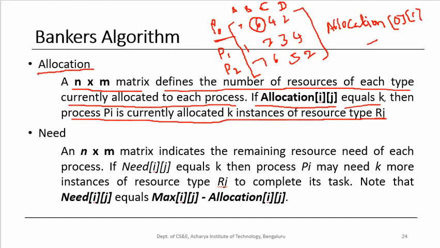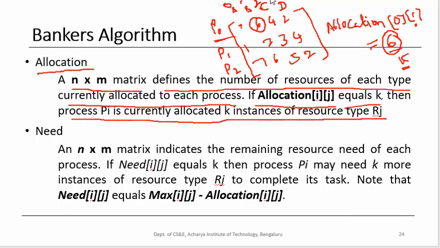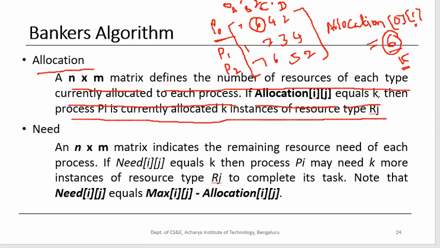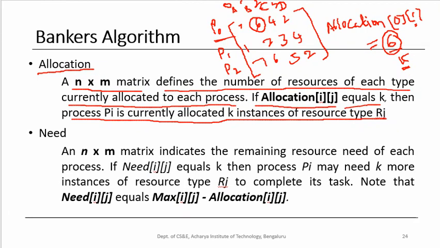That is equal to 6, which is nothing but k in this case. It means process P0 is currently allocated 6 instances of resource type 1. You can take this as resource types 0, 1, 2 and 3. That is the meaning.